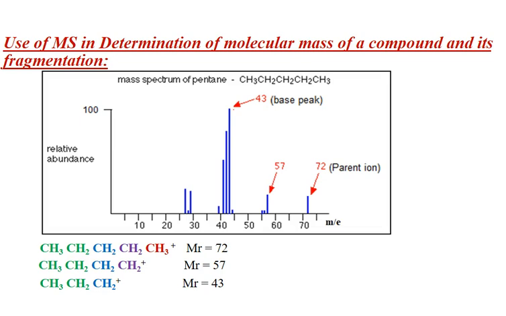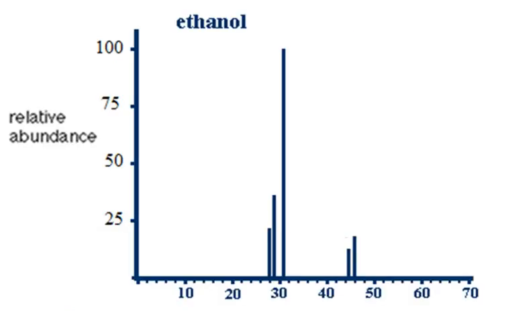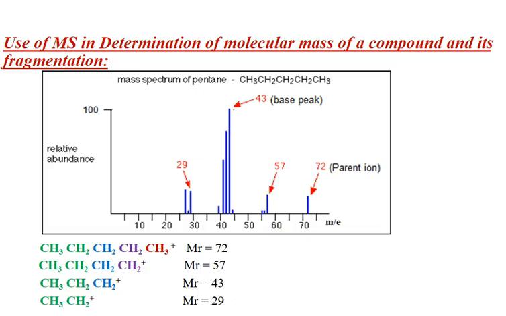What about the other peaks? Well, if I remove another CH2, I get a molecular mass of 29, so I do have a peak at 29, and the other peaks are also due to different fragments.